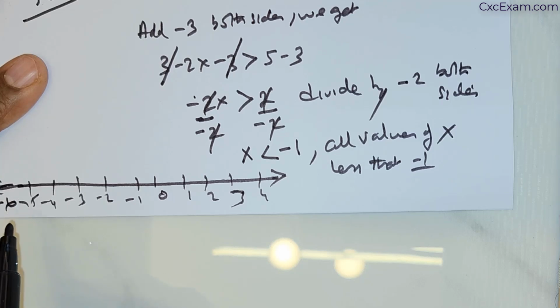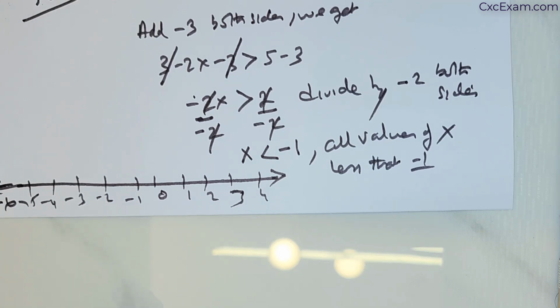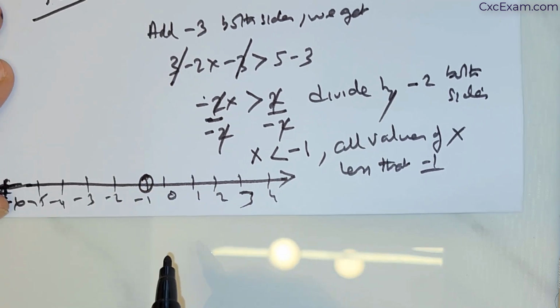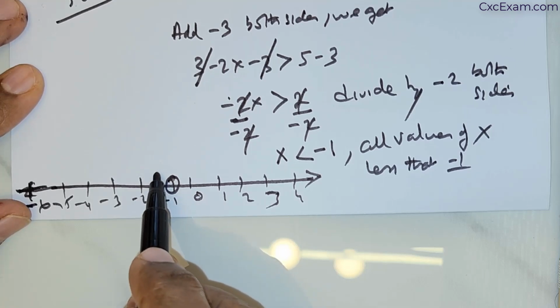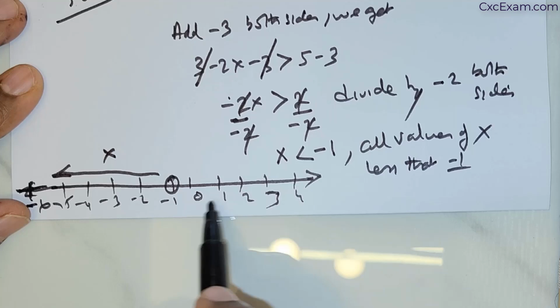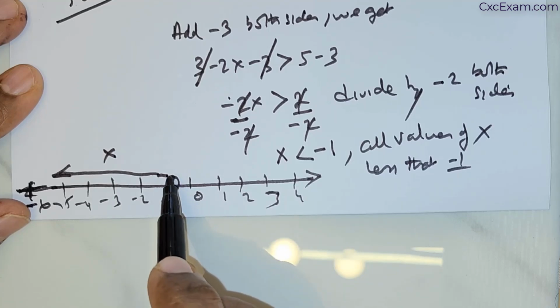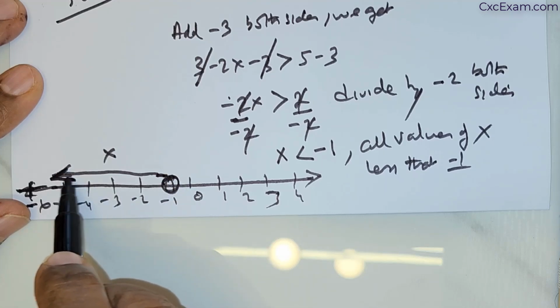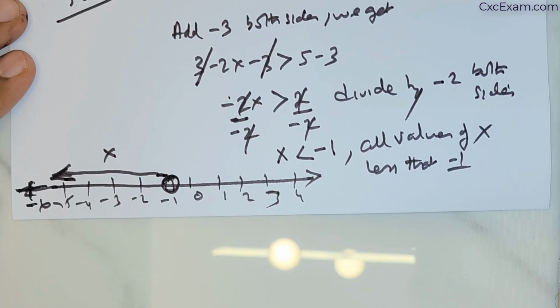Okay, negative 6. So now you need to have all values of x which are lesser than, so x is moving on like this. All values of x are lesser than negative 1. Right, so it starts from here, it goes on. But you shouldn't shade this. You should leave the circle open and ensure the arrow goes on like that.